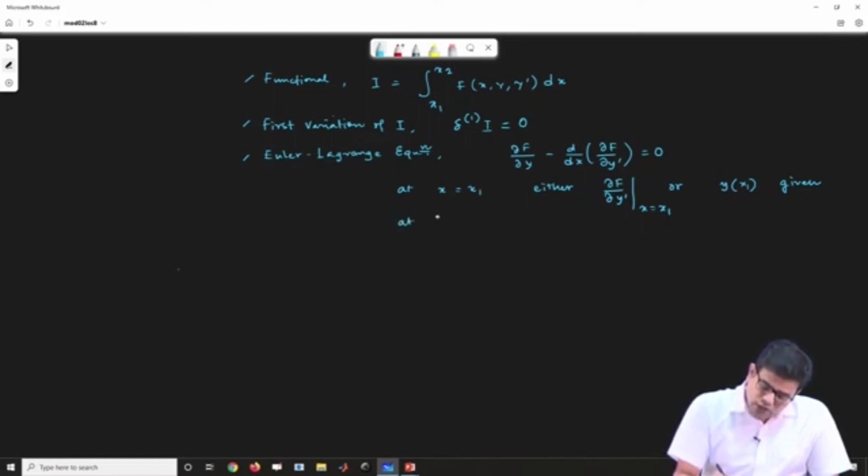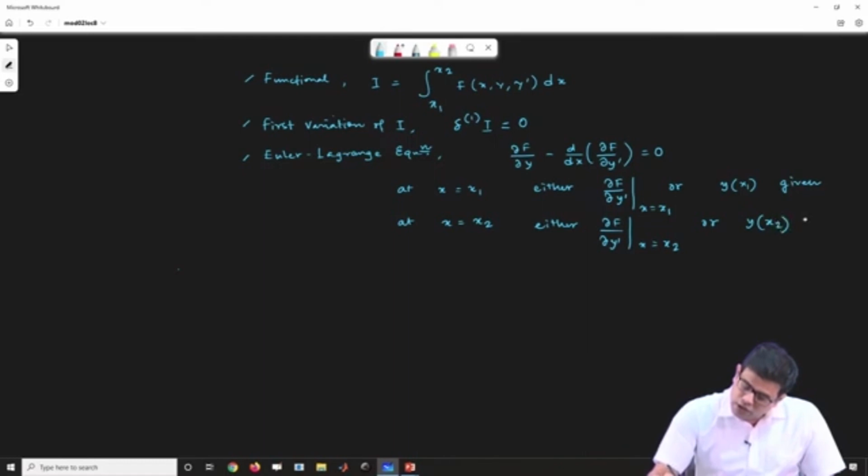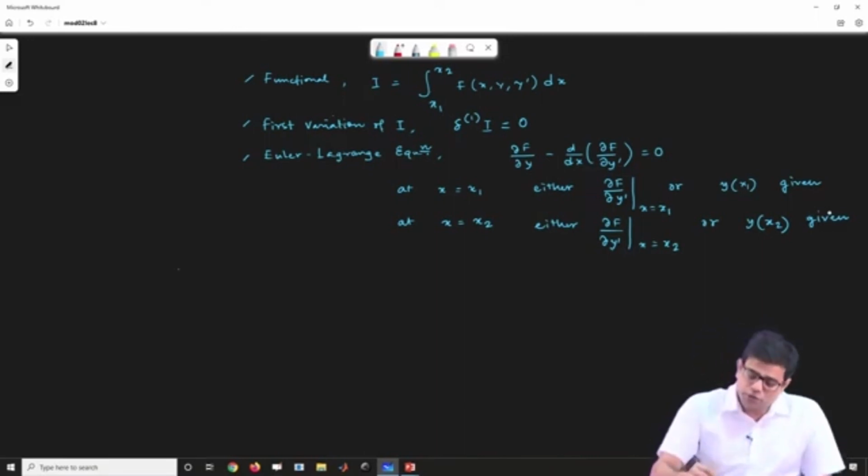Similarly at x equals x2, either this quantity is specified or y at x2 is given. So there are two types of boundary conditions.